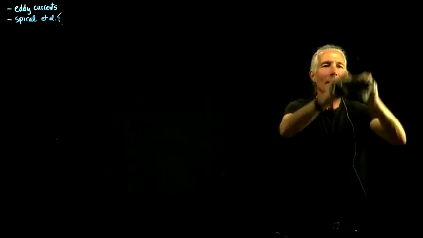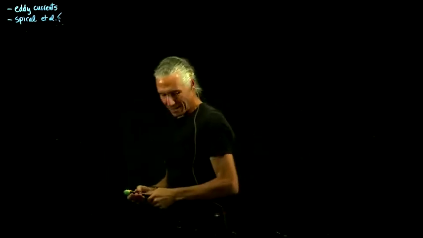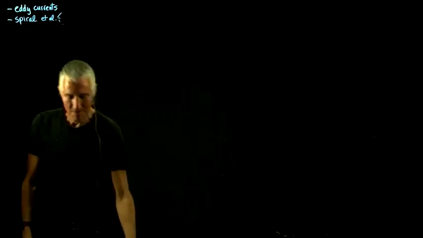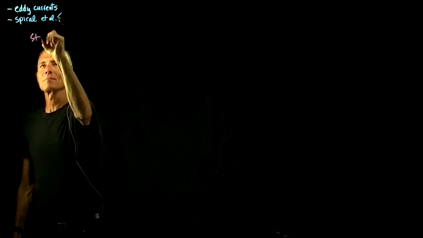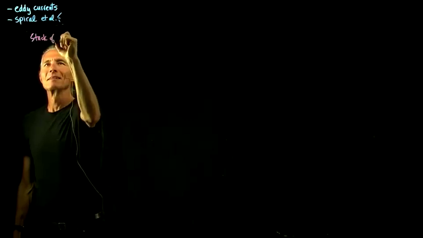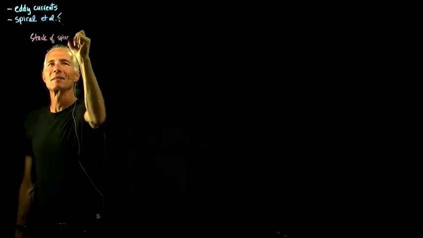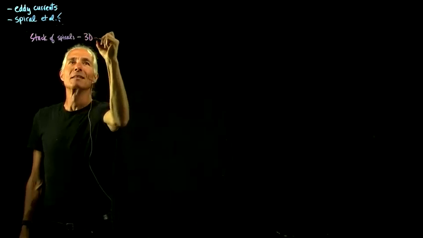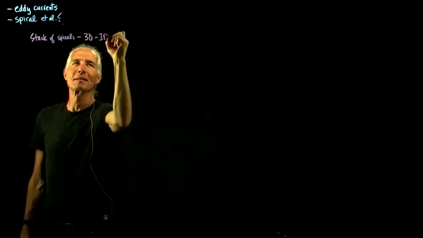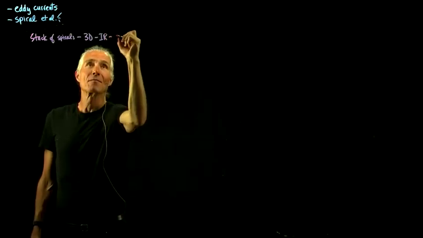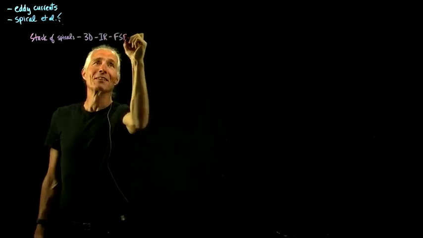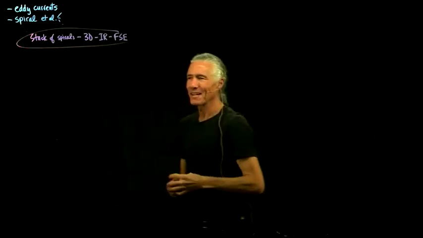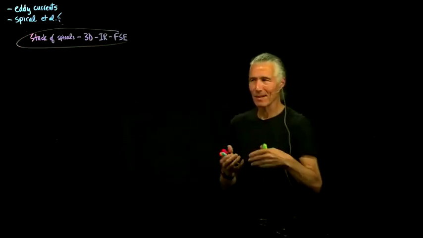So this pulse sequence I'm going to talk about is a stack of spirals, 3D inversion recovery, fast spin echo. You can see how you can tack multiple modules together; that's what happens now in pulse sequence development.